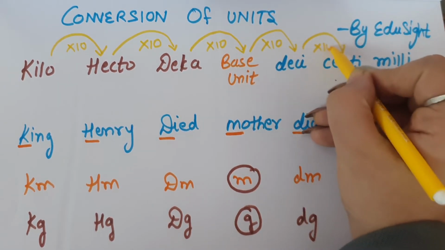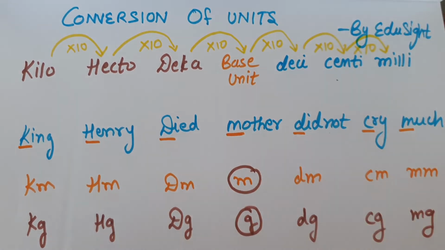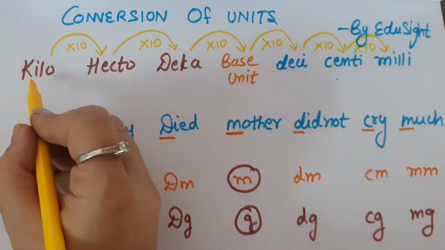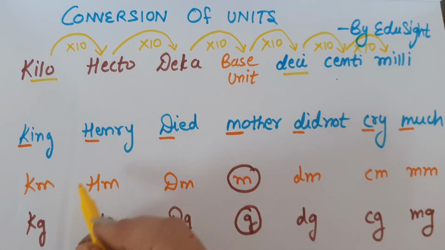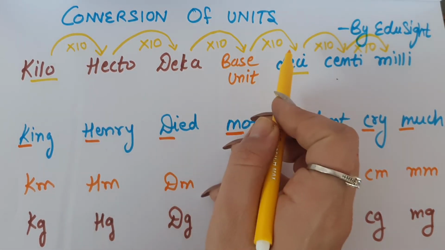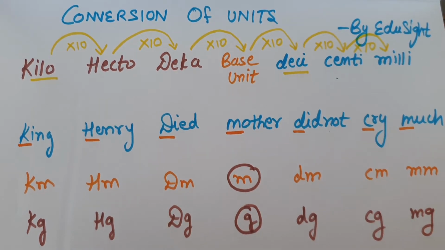So you need to learn, keep on jumping on the right and keep on multiplying. Right means multiply. If I want to convert kilo into deci, so how many jumps are there? 1, 2, 3, 4. 4 jumps means you are to multiply by 10 4 times, which is equal to 10,000.